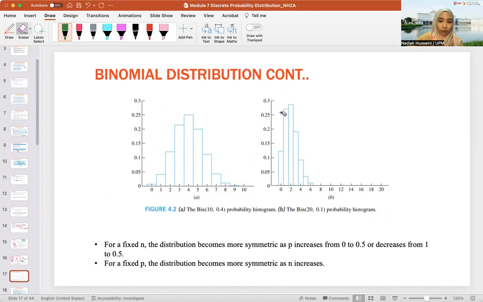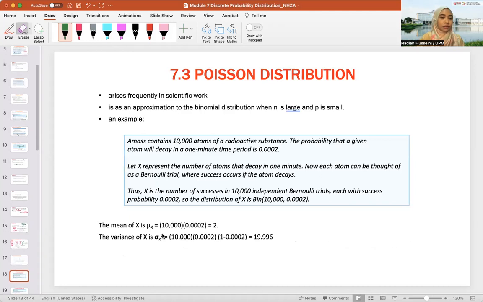So 0.1 will be skewed to the right. And this is your 20 trials. You see that it is quite symmetrical, but on one end of the spectrum. So the greater number of n's that you have, the better your data, because basically you are taking more data. Okay. All right, so that was the end of binomial distribution. I hope everyone understood what we did so far.